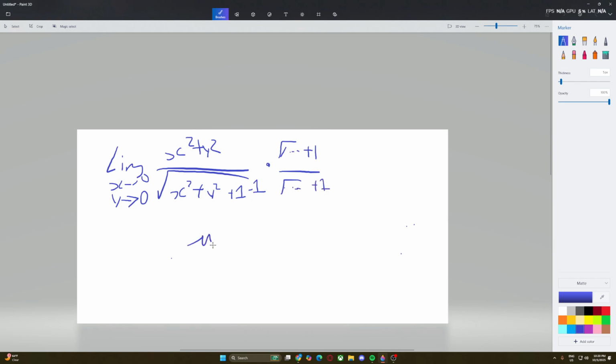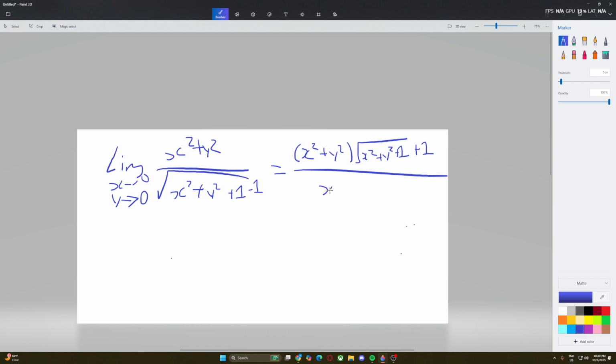Now we get the u squared minus 1 form of this, and the square of the square root is just the terms inside. So you can write this as x squared plus y squared times x squared plus y squared plus 1 plus 1, times x squared plus y squared plus 1 minus 1.